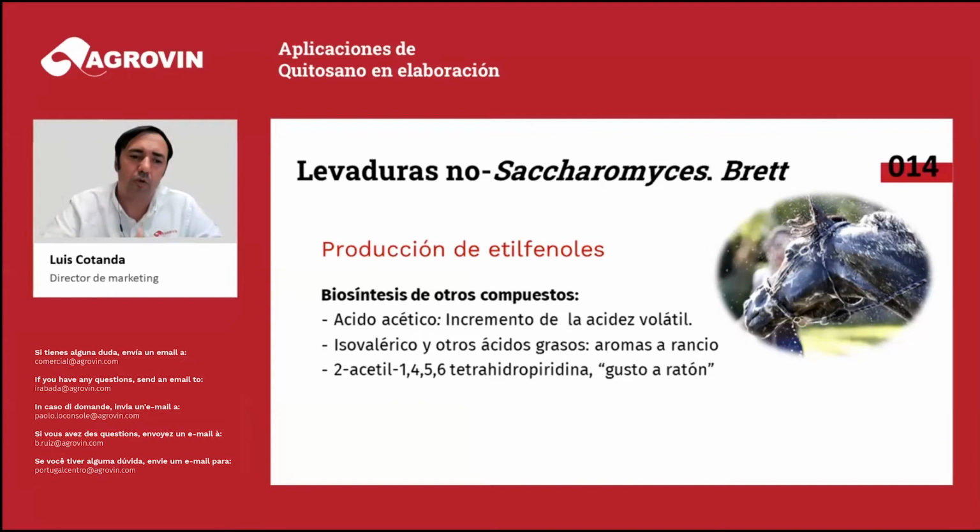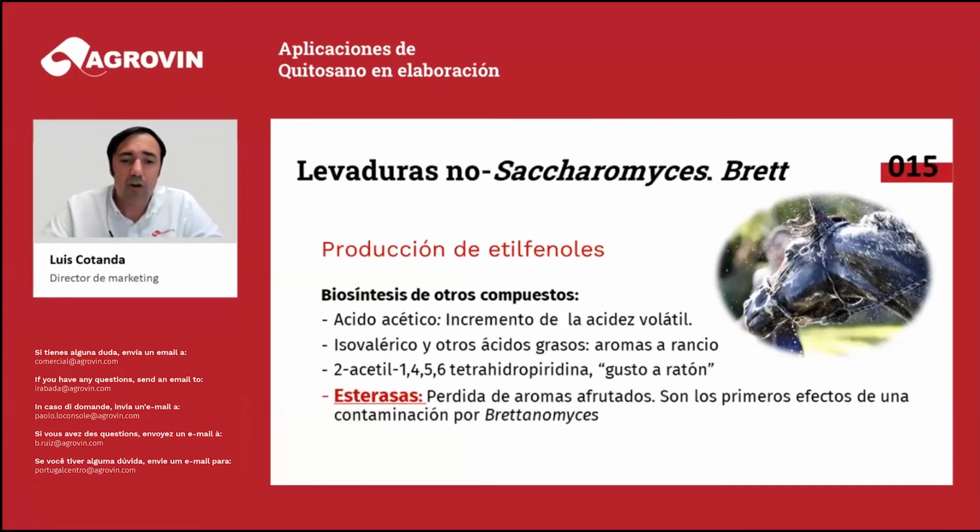For example, the acetic acid with the aromas of putrid or rot decay, and also the flavor similar to mice. But they also produce esterases, and the first effects of the contamination with Brettanomyces is the loss of fruity flavors.